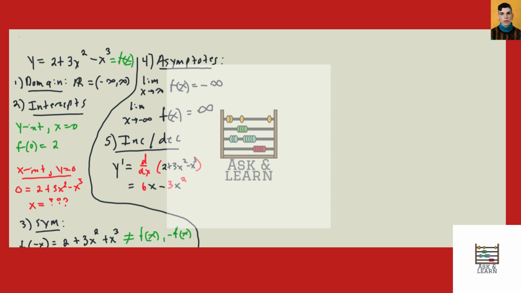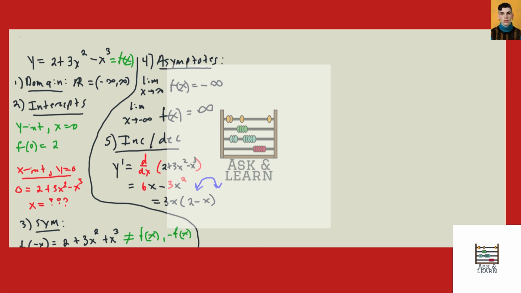So let's go ahead and factor this. I can factor out a 3x, and doing that, I'd get 2 minus x. And since this is a quadratic with a negative leading coefficient, we know it should look something kind of like that there.